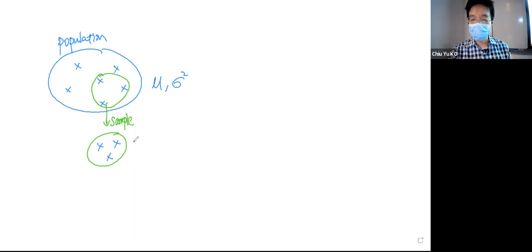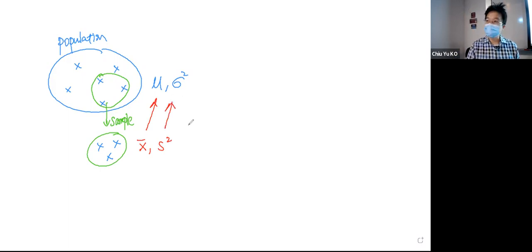What we learned from the last topic is that X bar and S square are a good way to estimate those. In addition, for X bar, we can say more.